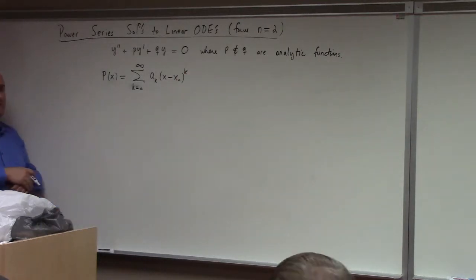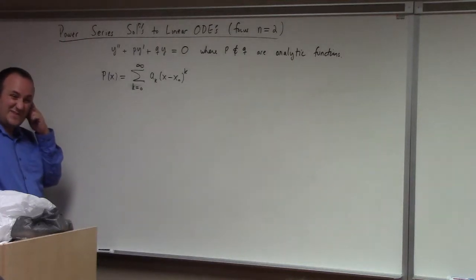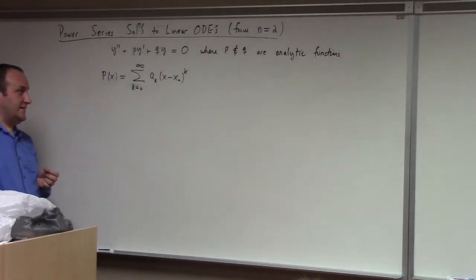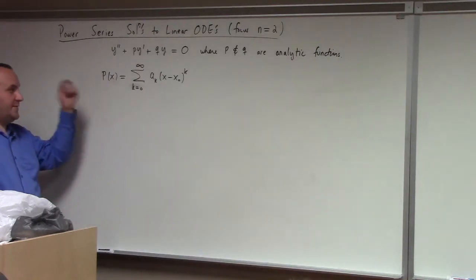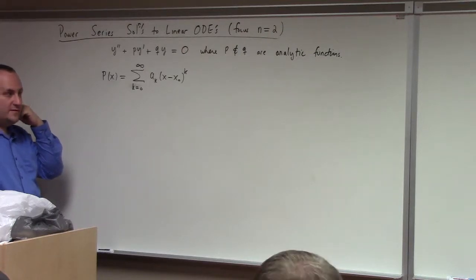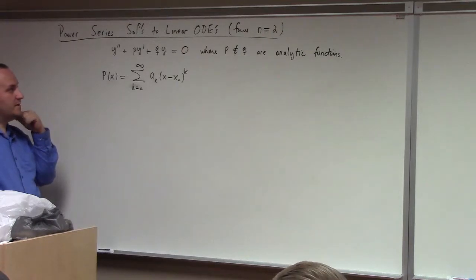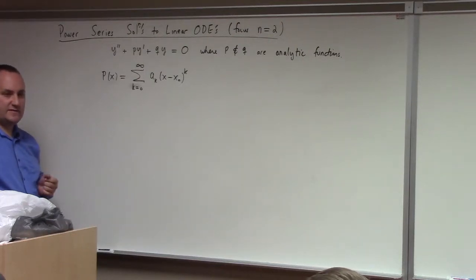To say that the function's analytic is to say that the power series which represents it converges to the function in a sense which I don't want to make precise. Here we have a power series centered at x_0. Often we take x_0 equal to 0. I'll try to work at least one problem not centered at 0. But if we understand carefully how to do things at 0, it's pretty easy to do it elsewhere.